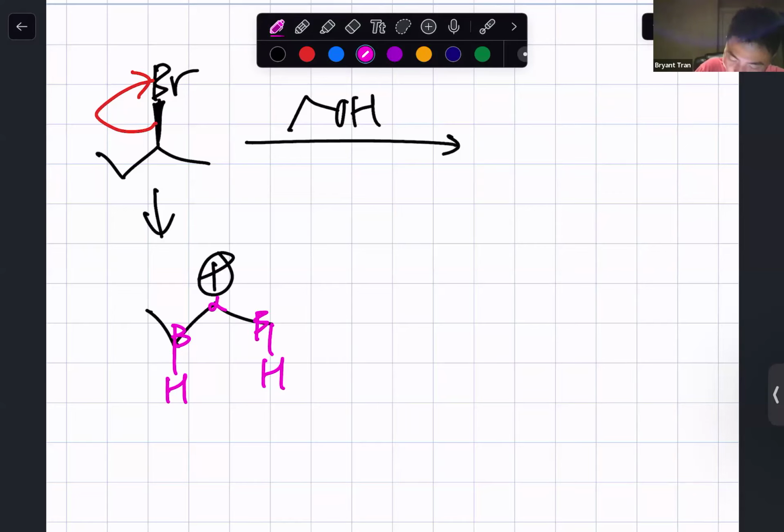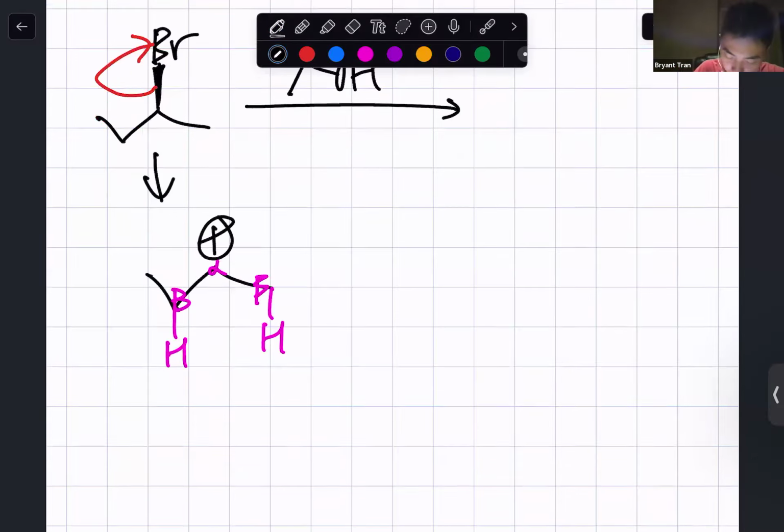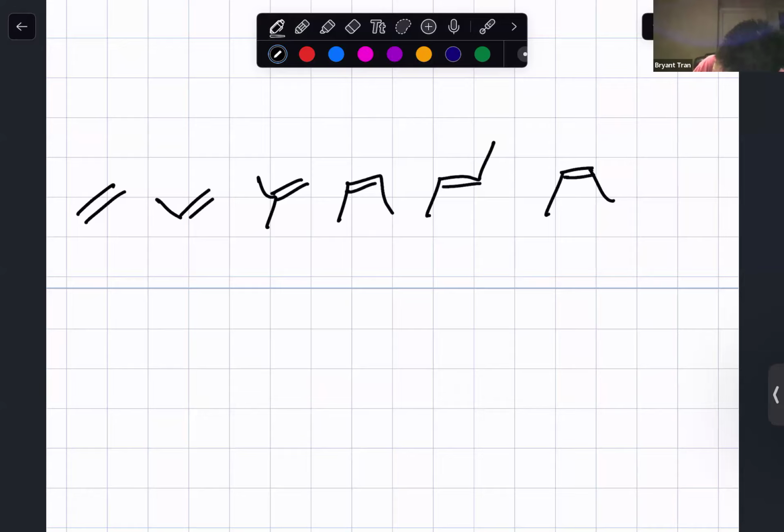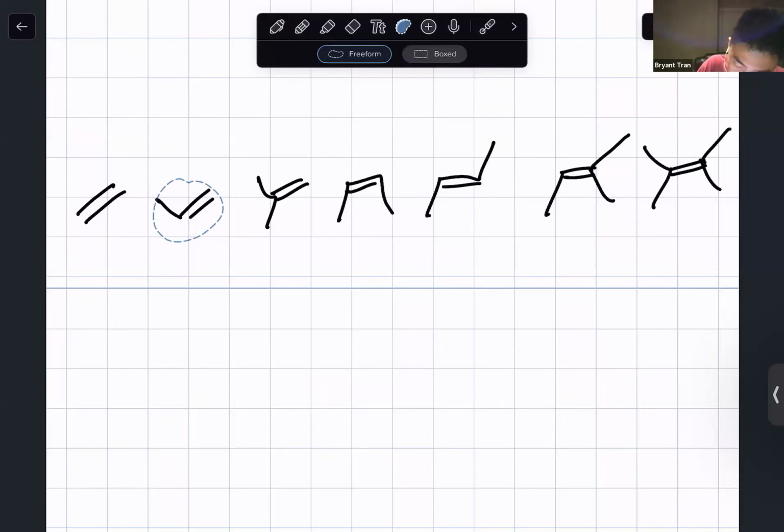Are you guys familiar with double bond stability? Let's say I give you this list right here. Are you guys familiar with which double bond is the most stable, and which double bond is the least stable?